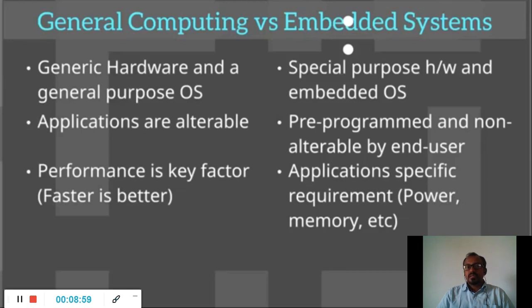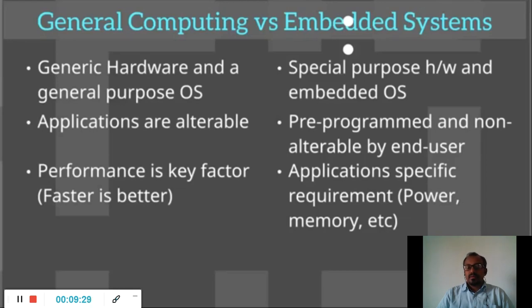In an embedded system, on the other hand, performance depends on application specific requirements, power and memory. Unlike a general computing system, here the performance concern may be power or memory. In some applications run on batteries, we have to manage the power.